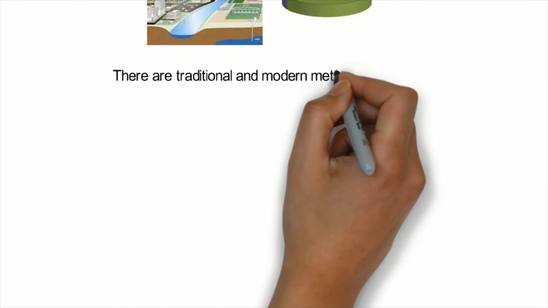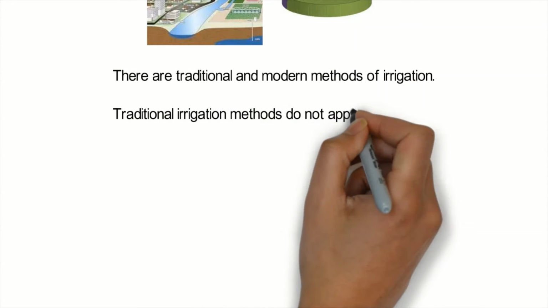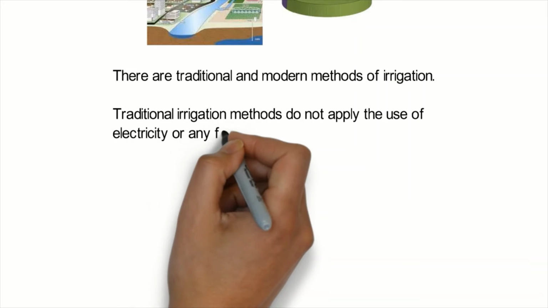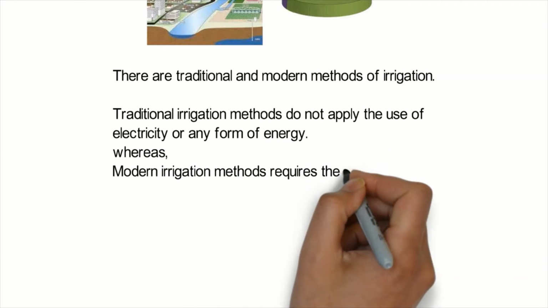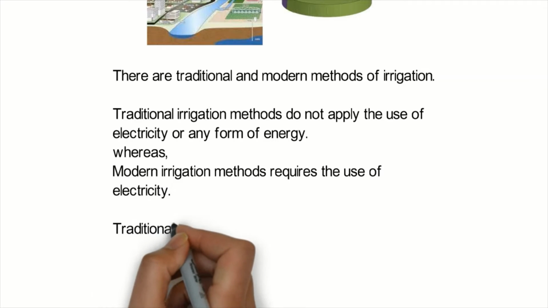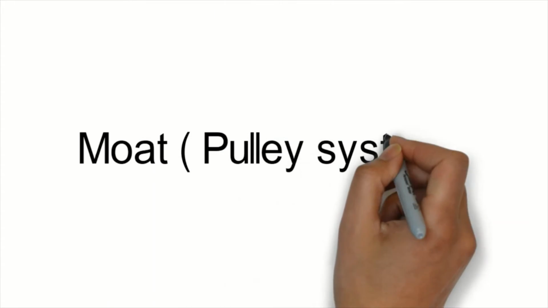There are traditional and modern methods of irrigation. Traditional irrigation methods do not use electricity or any form of energy, whereas modern irrigation methods require the use of electricity. Traditional irrigation methods include the moat, which is also called the pulley system.